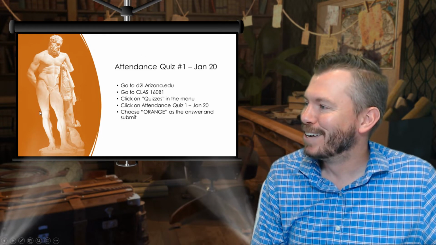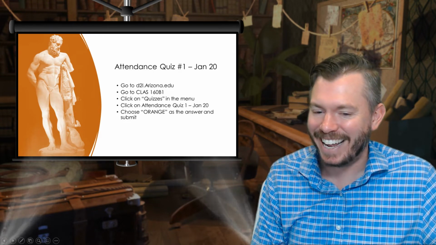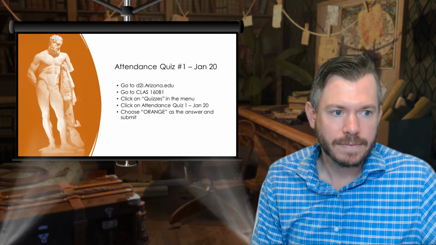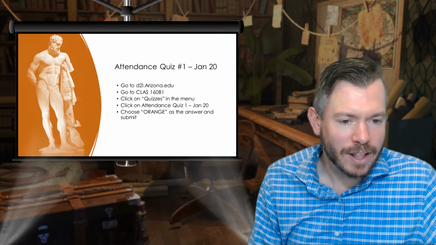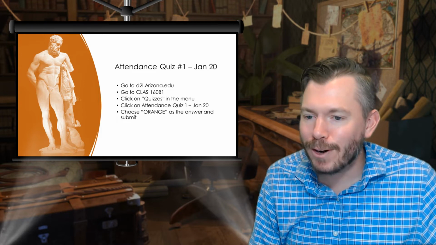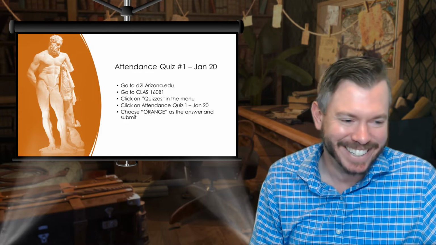So, good beefy Heracles looking orange today. Oh, somebody asked what the color was. The color is orange. It might say orange on there, but I think we all know it's orange.